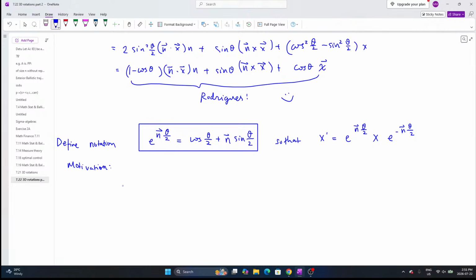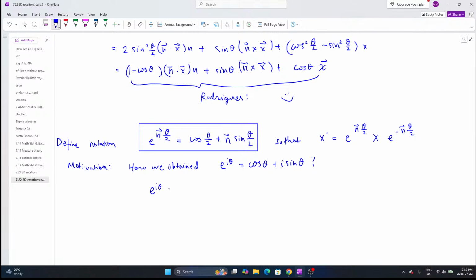Remember how we obtained Euler's formula. e to the i theta equals cosine of theta plus i sine of theta. One way we did that is to use Taylor expansion.